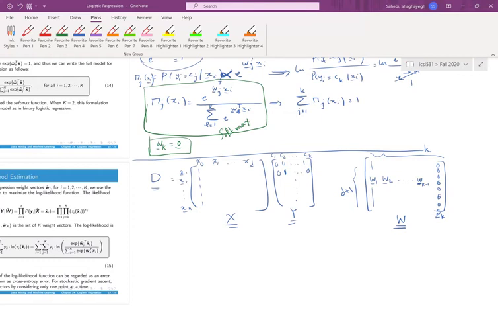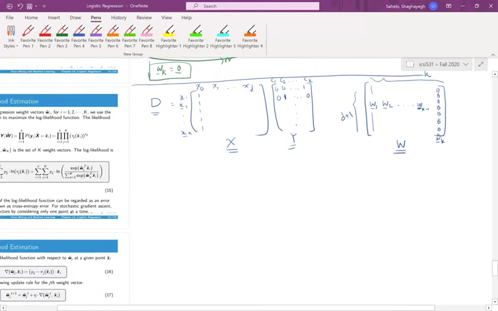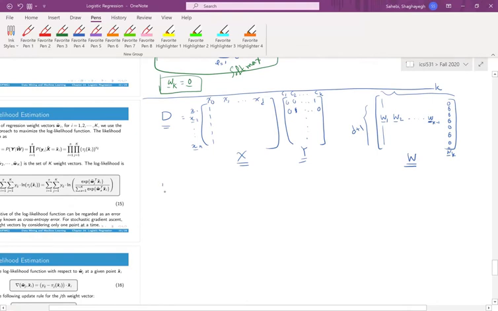Now we are going to define the likelihood L of our data as a function of this matrix W. This is going to be equivalent to the probability of seeing our Y given our W, right?